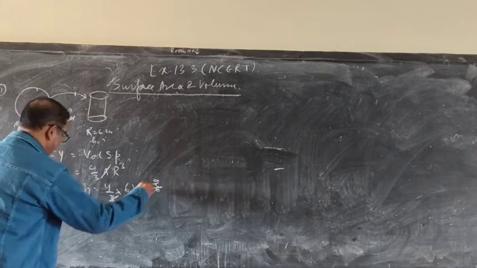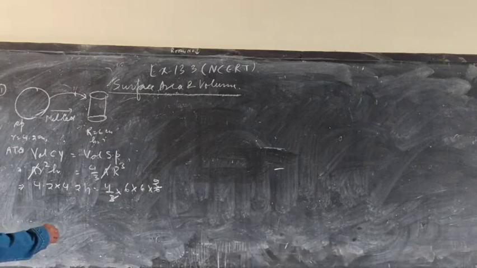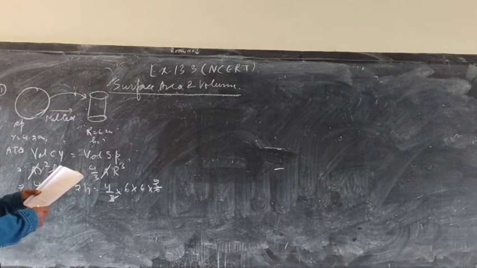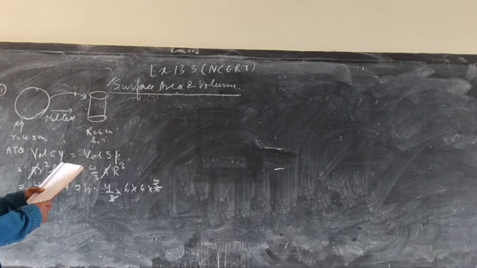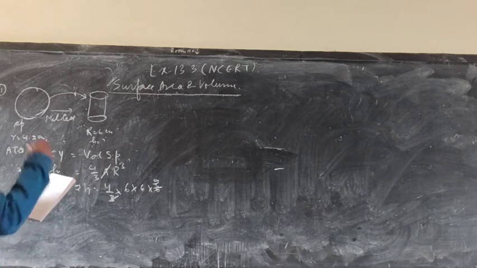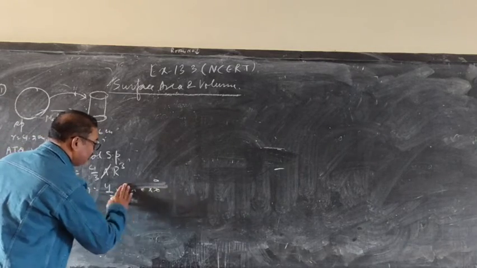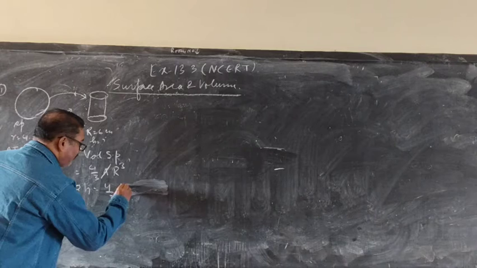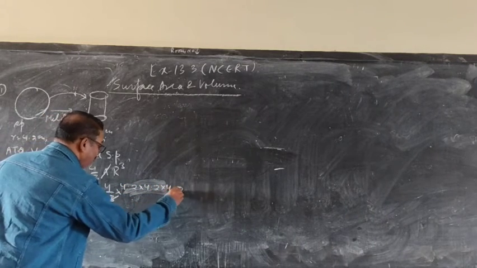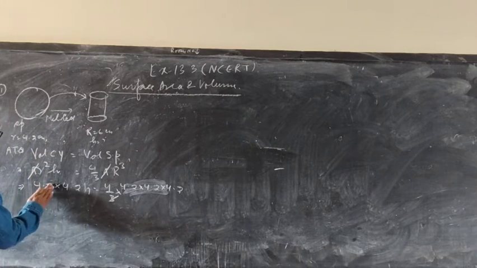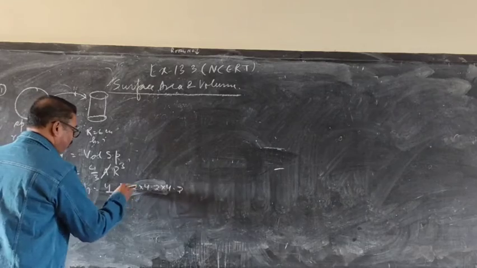The sphere radius is 4.2, so 4.2 into 4.2 into 4.2 is equal to 6 into 6.